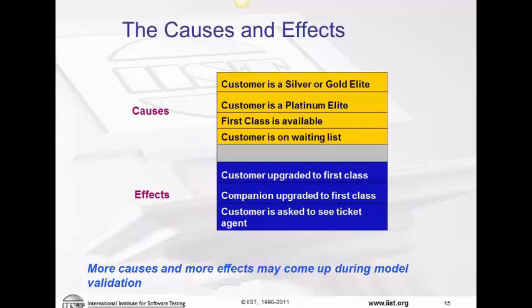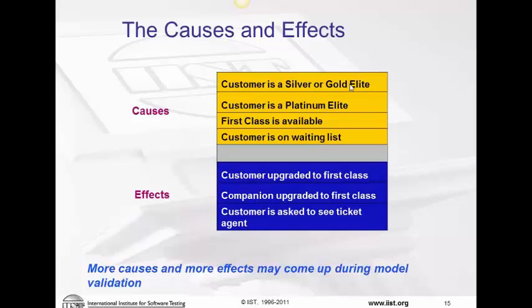Okay, I know now if the customer is silver or gold elite member, that would cause something to happen. And I'm not going to think yet about what would happen, because that by itself may not mean much. So here's another one. The customer is platinum, and the first class is available, and the customer is on the waiting list. Okay, and there are 3 things here the system could potentially do.